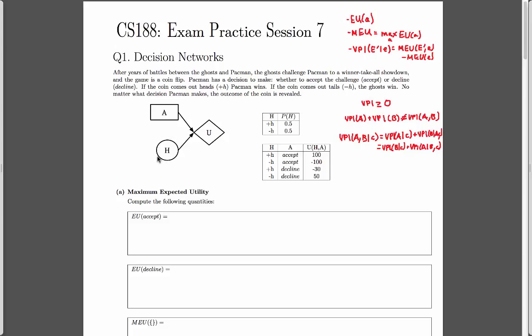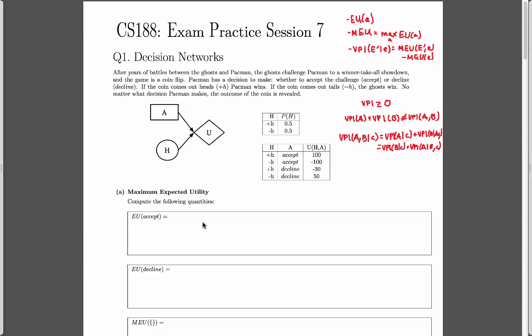So the coin flip is the variable h, and it's a fair coin, so it's a 50-50 chance of being heads or tails.